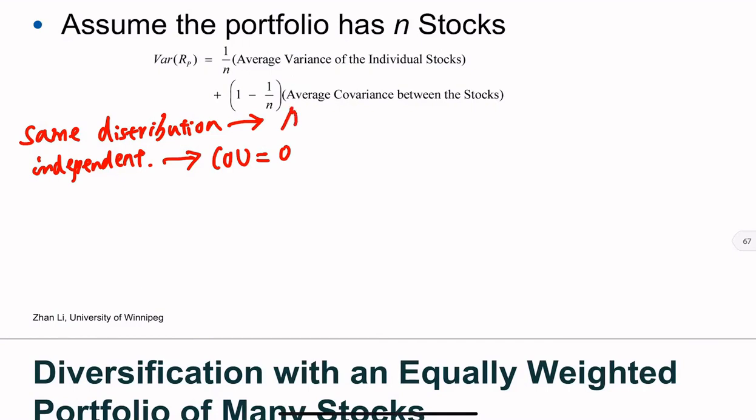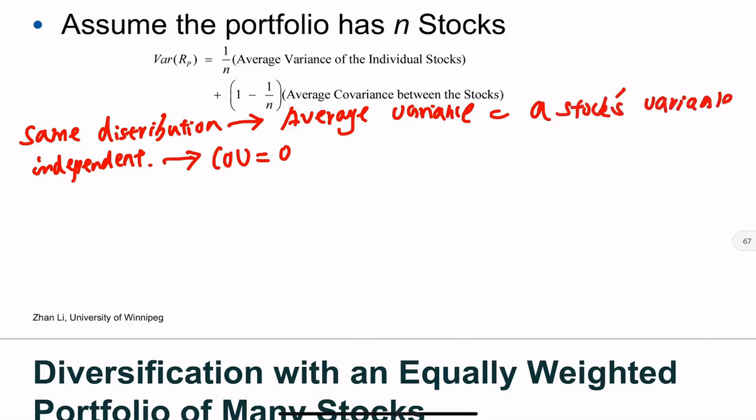So the first assumption tells you the average variance equals a single stock's variance. Right? So if we combine these two results, we can see that in this case, the variance of the portfolio equals 1 divided by N times the average variance.